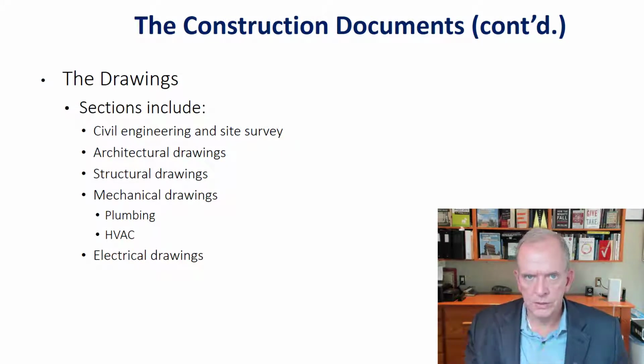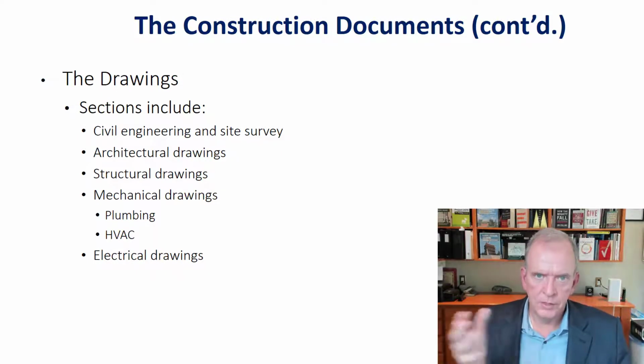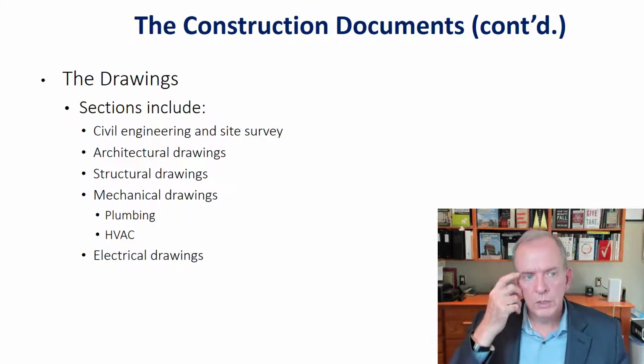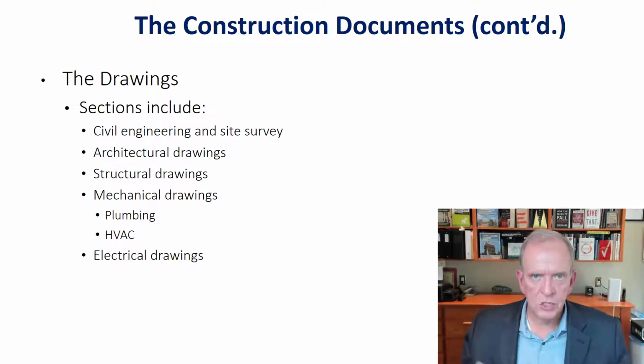So the drawings are an integral part of the construction documents, because everything in the specifications ties to what's on the drawings. Specifications might tell you the details about the window units that are used. They might provide you details about the kitchens, cabinets that are going to be used. It'll tell you details about the structural steel that is to be used, etc. So really the specifications tell you information that won't fit in the drawings.